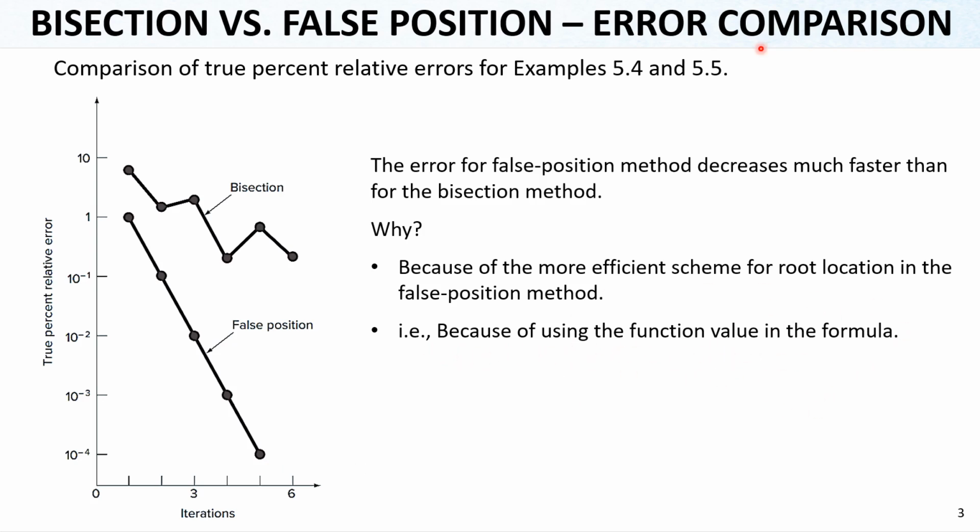This is a general comparison, or general behavior. These errors were for example 5.5, the parachutist example, but this general behavior exists in any problem. False position is mostly, or maybe always, much faster and can have better predictions with lower error values compared to the bisection method.